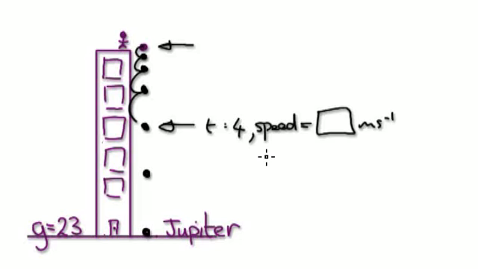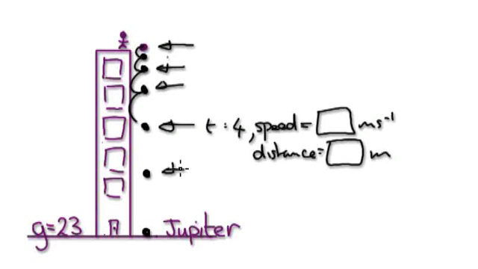Put the unit in there, and then also do distance equals, fill in the blank and put in meters, because the unit of distance is meters, and do that for each of these here. Okay.